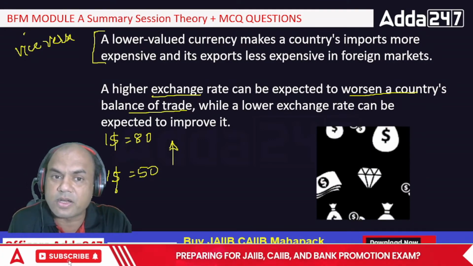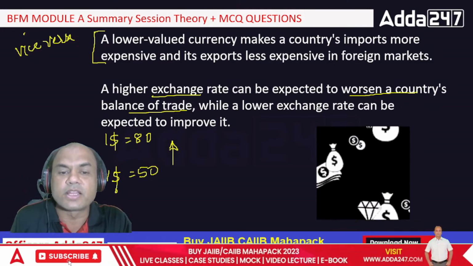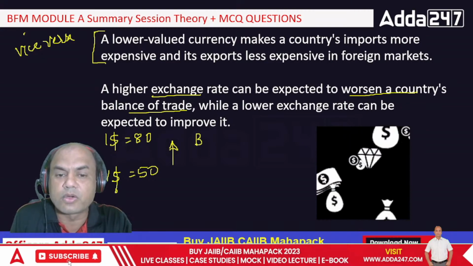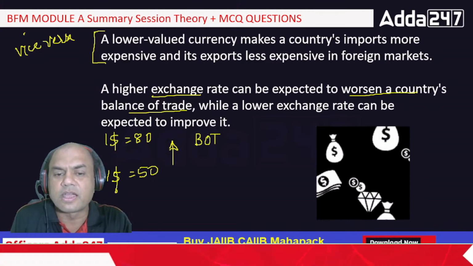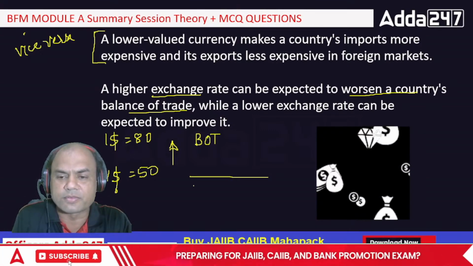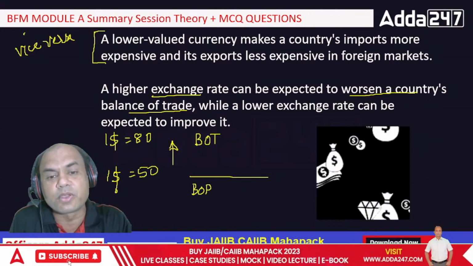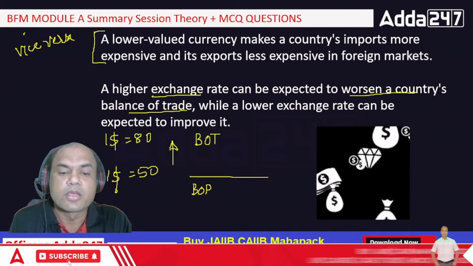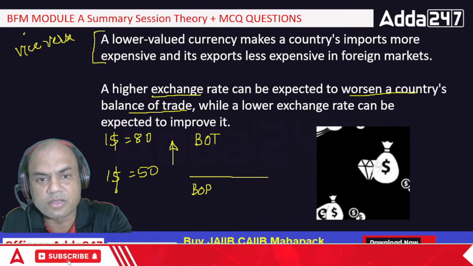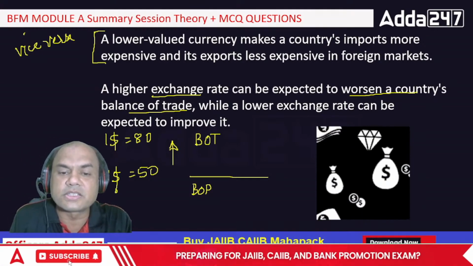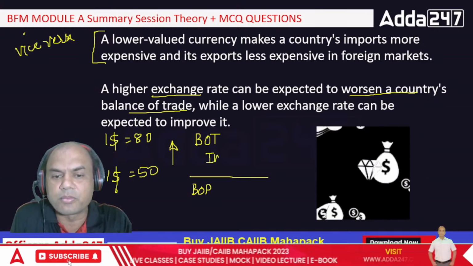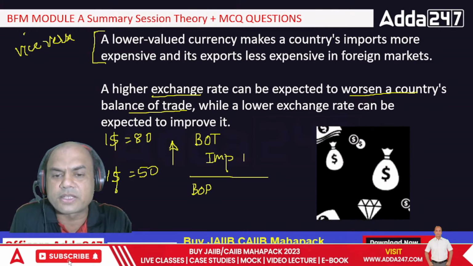What is balance of trade? There are two things. One is balance of trade, BOT, I'll write it. Then balance of payment, BOP. So these are the two things. What is BOT and what is BOP? BOT means import and export, both.